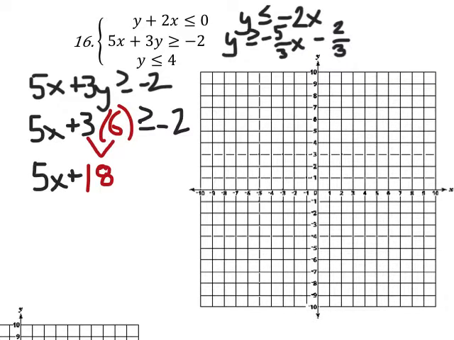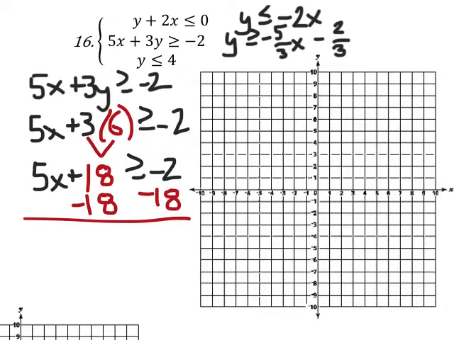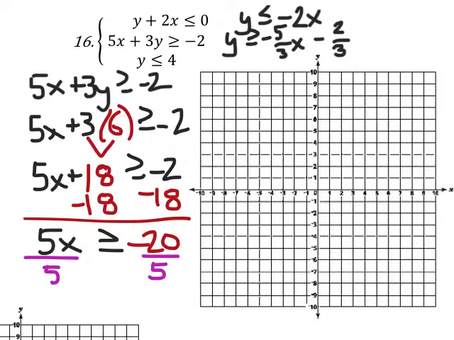Still have the 5x. And again, I'm not too worried about this inequality because I just want to know where it's equal to so I can find a point on the line. So when I subtract 18 from both sides, that'll give me a multiple of 5. So I still have that 5x, and this is going to be negative 20. Dividing by 5 gives me my x value. x is negative 4.